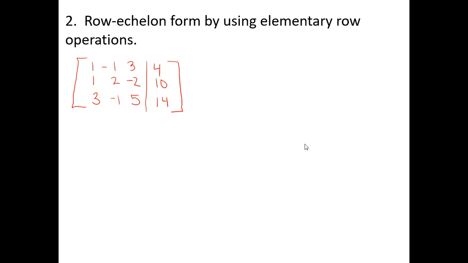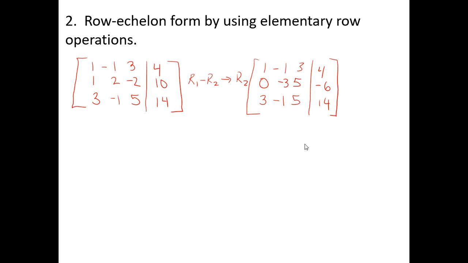What I decided to do first was take row 1 and subtract it from row 2 and put it back in row 2. So the first row stays the same, but since I'm subtracting the first row from the second, it's going to change to 0, -3, 5, -6, and then again the third row is going to stay exactly the same.